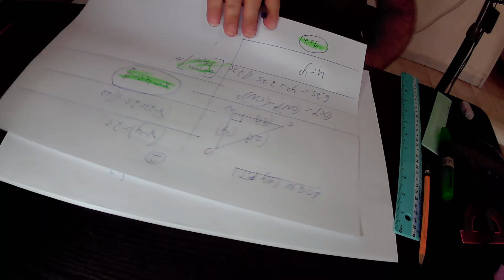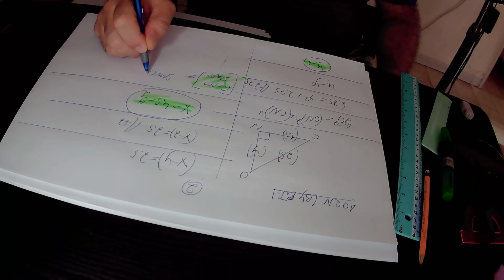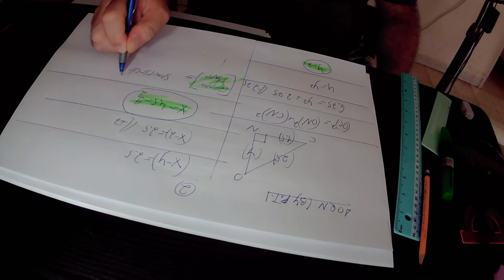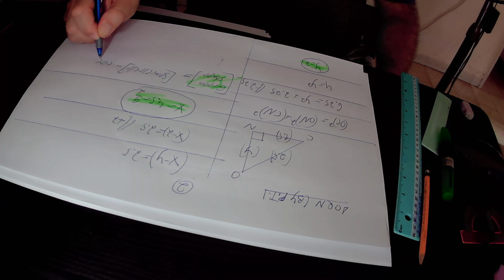So write it down, the area of the green shape in total equals the area of the big semicircle minus the area of the small circle.